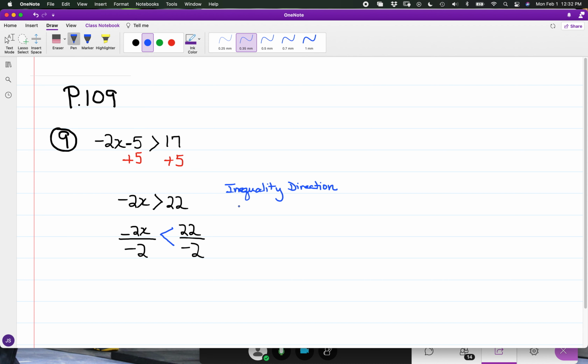Again, inequality direction changes when multiplying or dividing by a negative, but not in the case of adding or subtracting.